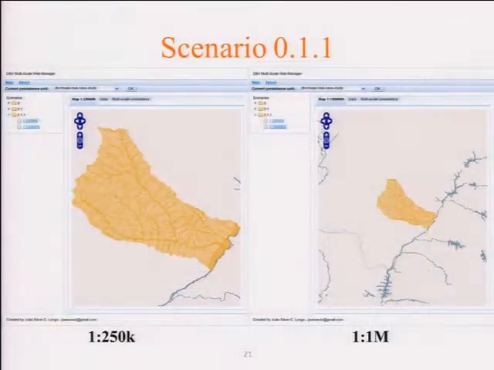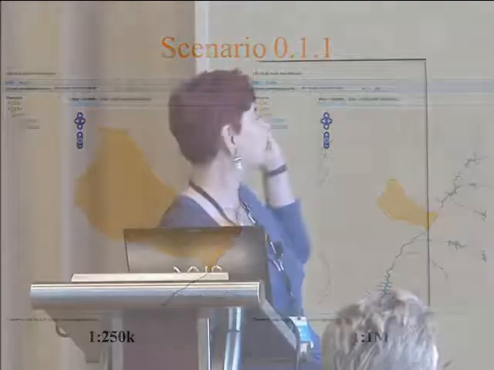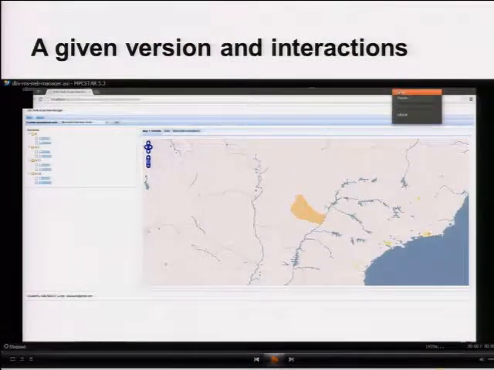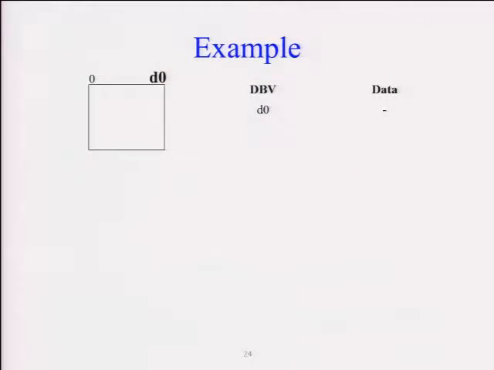So this is the evolution, and at the leftmost part of each of these screens, you have the versioning. This is a screen copy, and the interactions across versions. So this is the example of the world evolving at multiple scales.